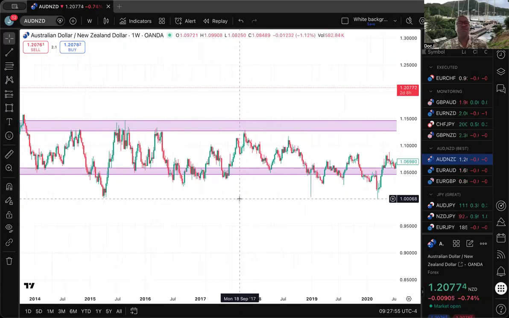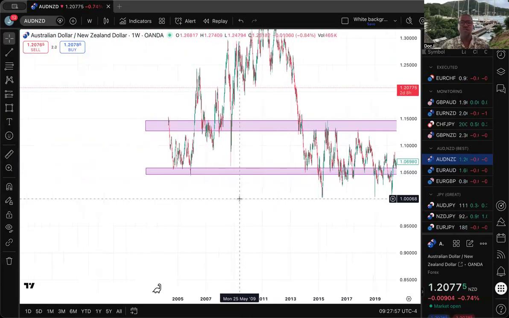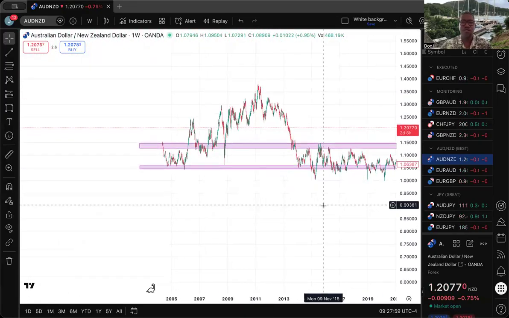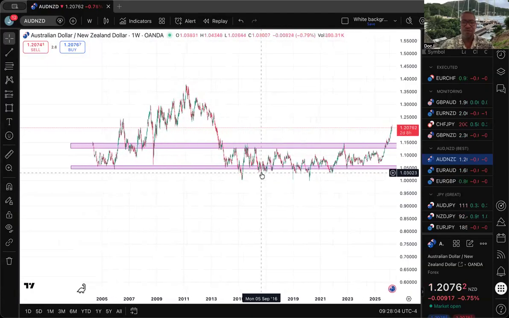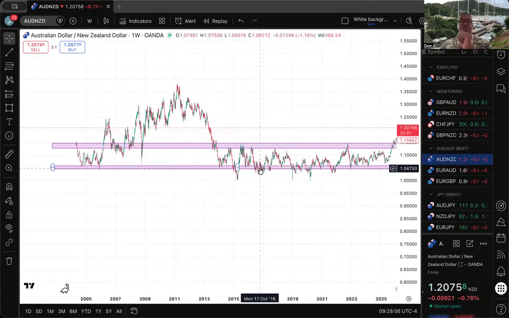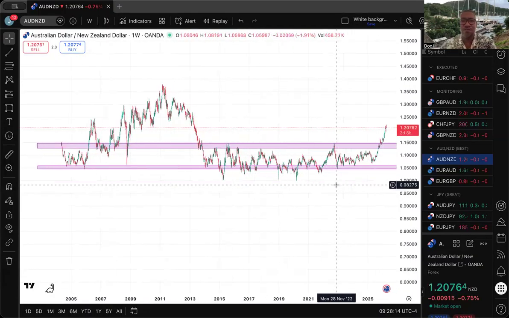And if you come to an area where there is an obvious area of interest, but there's a lot of wicks, try to see if you can put that area of interest to be consuming part of the wick, but also part of the body of the candle.